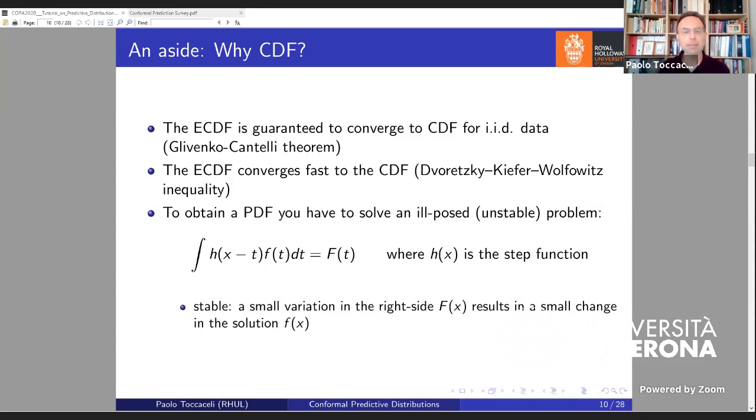Stability is a property that ensures that a small variation in the right-hand side, capital F of x, which is what we can obtain as ECDF, results in small changes in the solution. Unfortunately, this is not true. And when you have this sort of problem, you have to contend with an extra layer of complexity and use specialized methods that employ things like Tikhonov regularization.